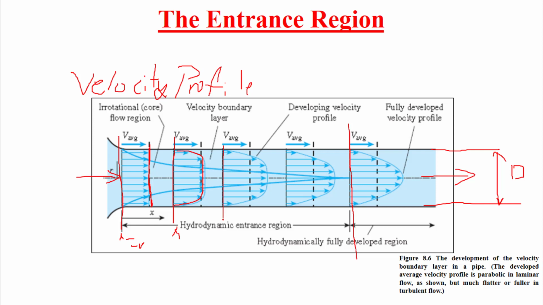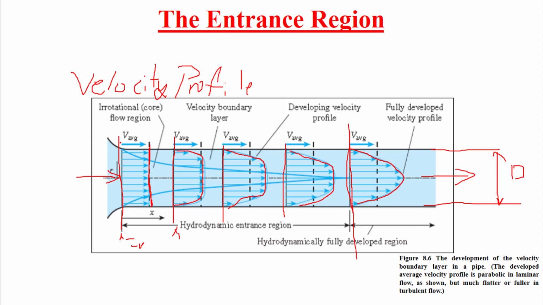After another location, we have further developing. After a third or fourth location, we have another developing. Then the velocity profile becomes fully developed. This is the fourth location.